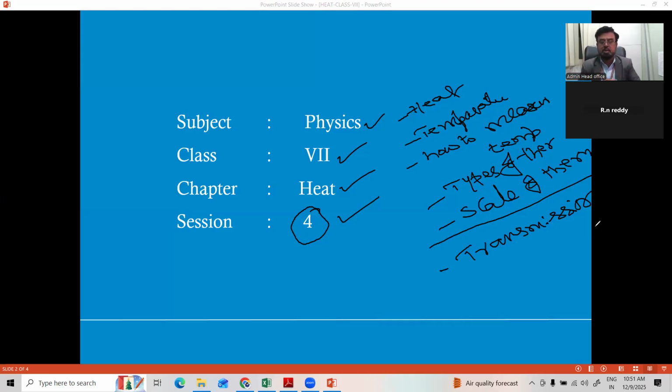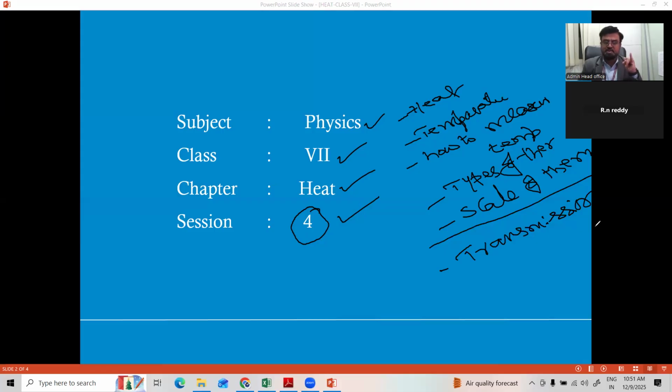But there are different modes of transmission. Just like for us, we have cycle, two-wheeler, four-wheeler, bus, aeroplane, boat, ship. All these are called modes of transportation for us. Similarly, heat also has different modes or different ways of transmission.